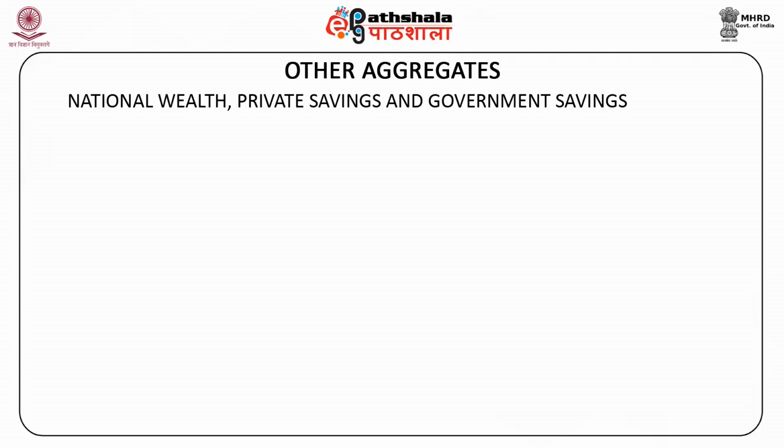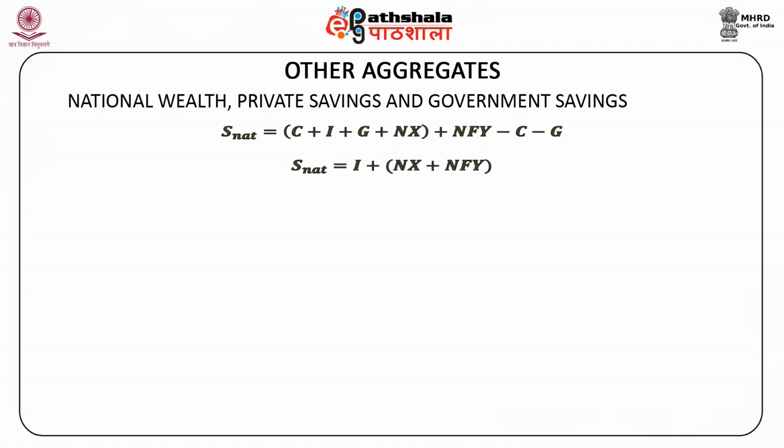This gives us national savings is equal to C plus I plus G plus NX plus NFY minus C minus G, that is I plus NX plus NFY.